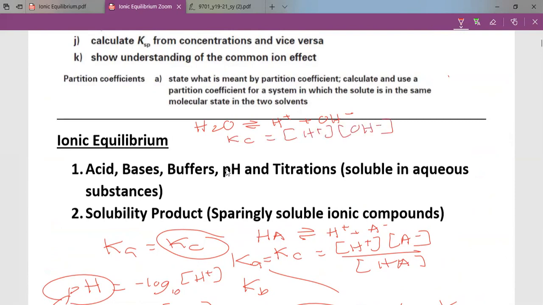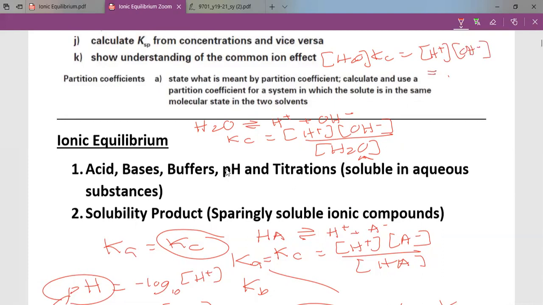A question hopefully came on this. Of course, there is such a large amount of H2O that it is a constant already. So you bring it up, and Kc times H2O becomes equal to H plus and OH minus.